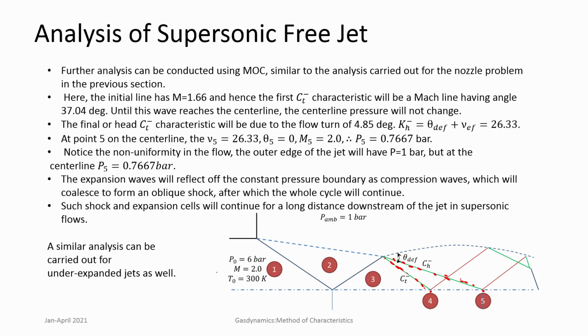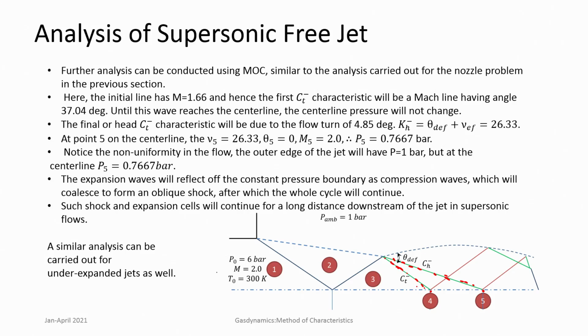So we can consider two different sets of waves, again similar to the way we did for the supersonic nozzle. We divide the total turn into 2 turns. So these are C minus characteristics, where theta plus nu is constant, and at points 4 and 5 it is a line of symmetry.